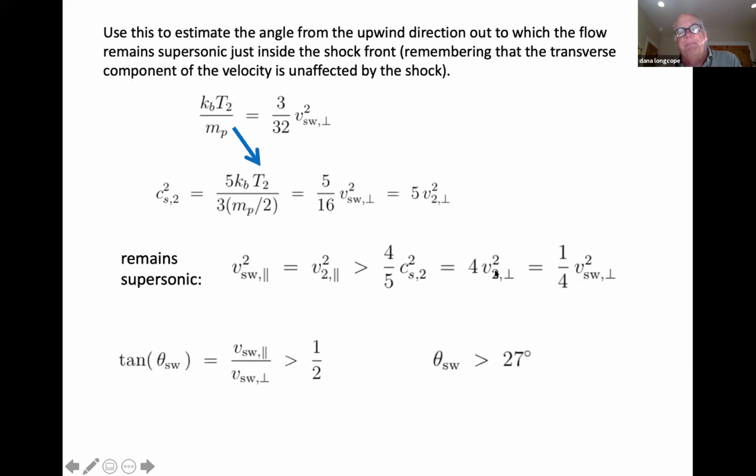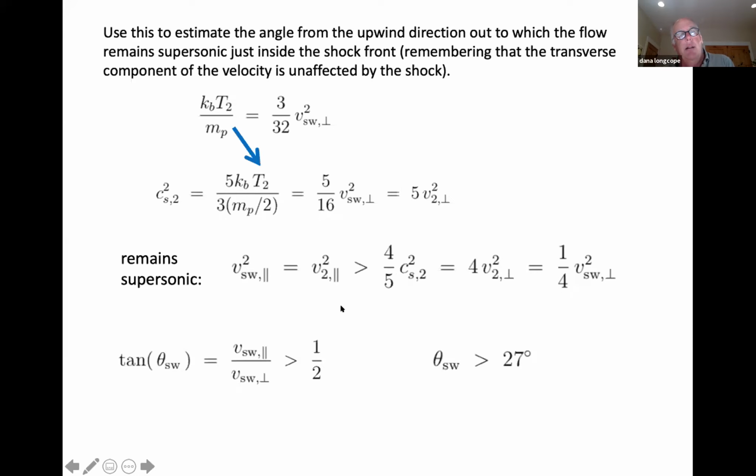So then you basically find out, oh, I need the parallel component to be 1/4 of the perpendicular component, and then you take the square root of 1/4 and you get 1/2, and so you know the ratio of those two has to be 1/2.